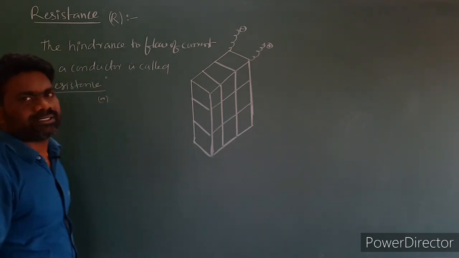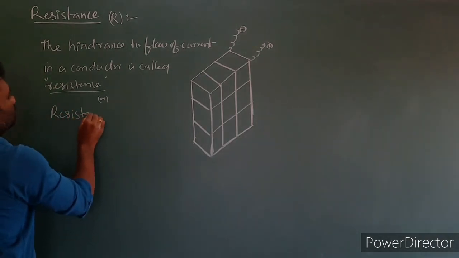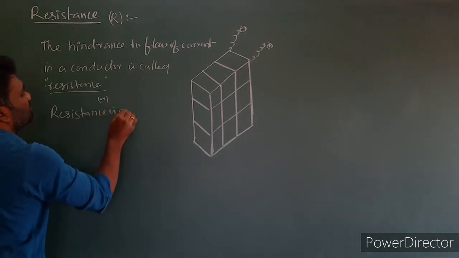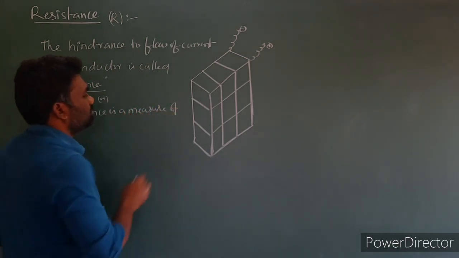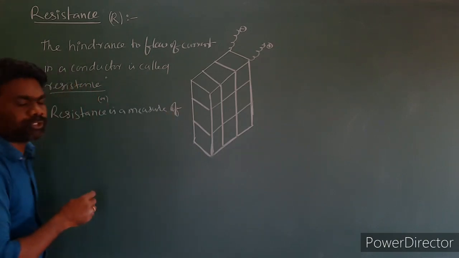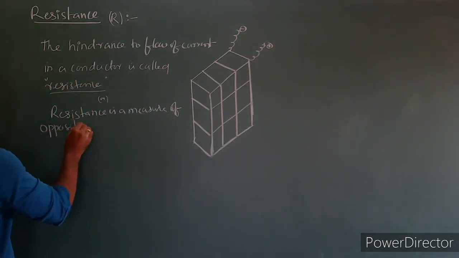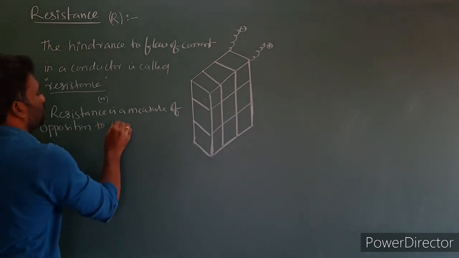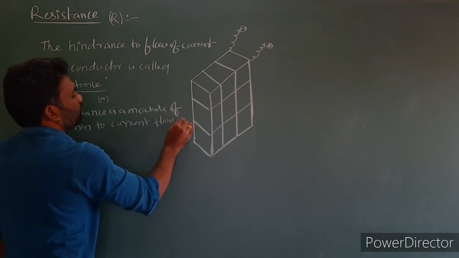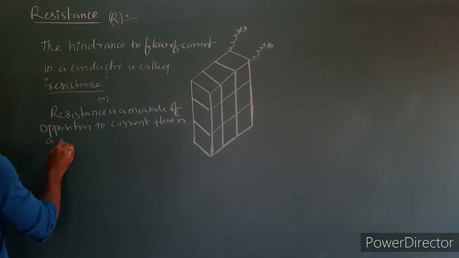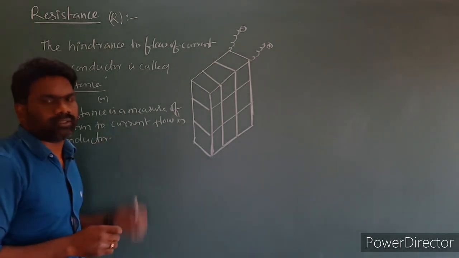Or we can take resistance as a measure of opposition to current flow in a conductor.